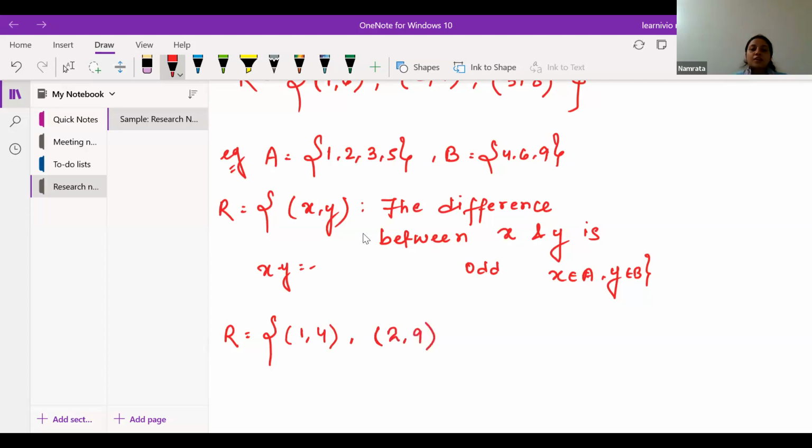Can we take 1 with 6 also? Yes, we can. So 1 with 6 also we can take. That will also be an odd number. Then 3 and 6. 3 and 4.